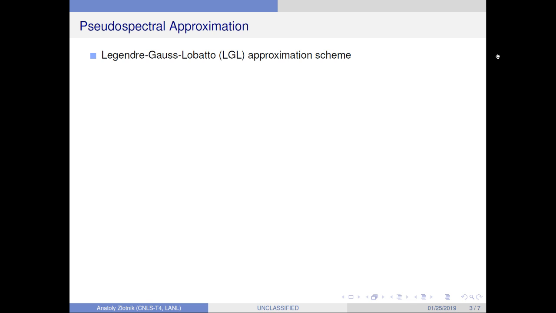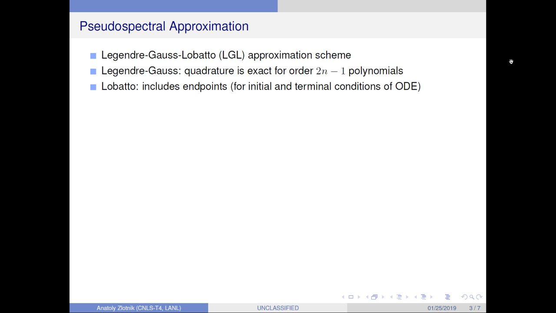So the Legendre-Gauss-Lobatto approximation scheme is exact for 2n-1 order polynomials, and the Lobatto points include endpoints, which are convenient for enforcing initial and terminal conditions of the ordinary differential equation dynamic constraints.